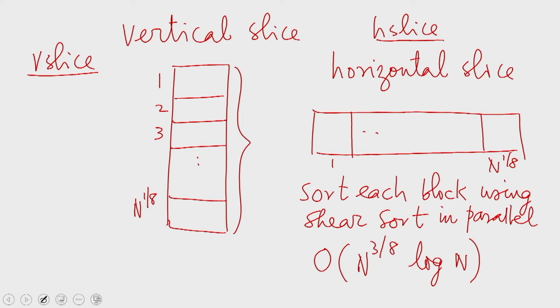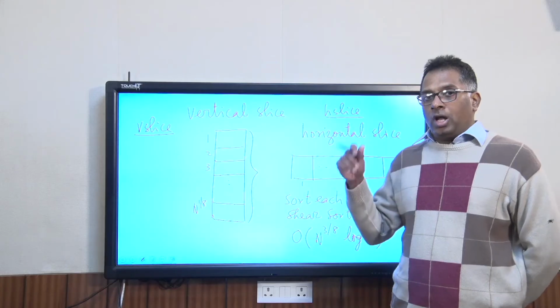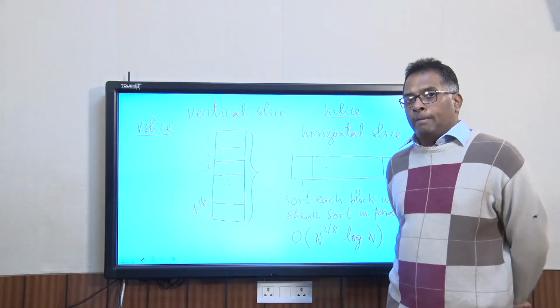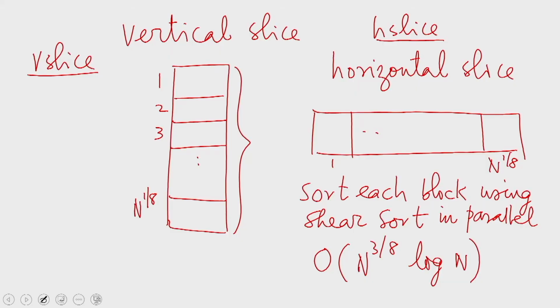The time required therefore is order of n power 3 by 8 times log n. N power 3 by 8 is the dimension of one square, and of course it should be log of n power 3 by 4, but which is the same as order of log n. Therefore, the overall time complexity of this step is order of n power 3 by 8 log n. Now we come to the second step.